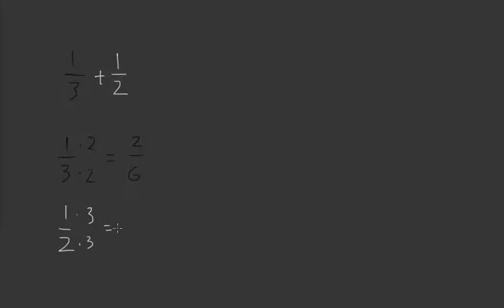And now that equals 3/6. Okay. And then we're going to plus them. So 2/6 plus 3/6. And now we have 5/6. And there's the answer. And we just plus the numerators. We didn't plus the denominators.